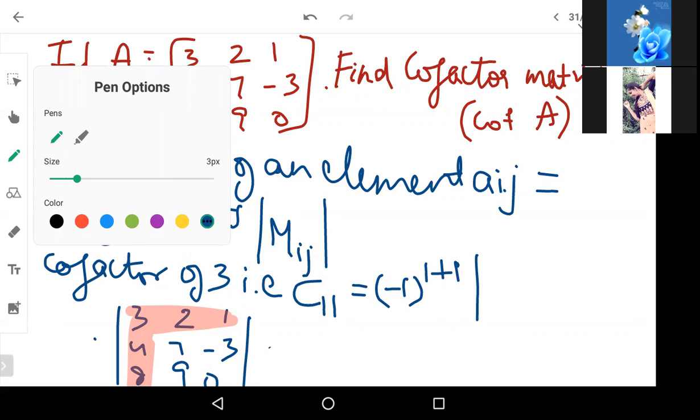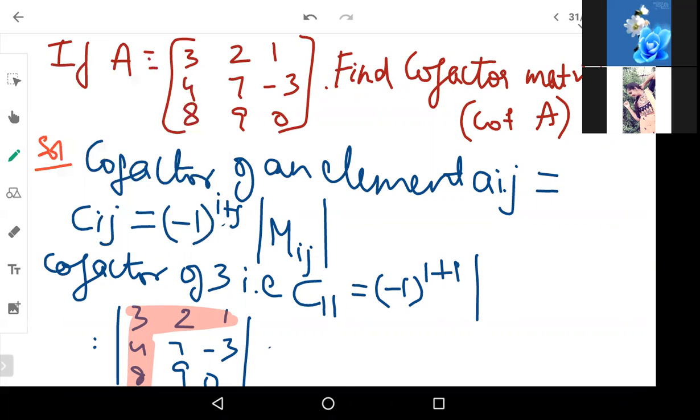What is the minor of 3? 7 -3, 9 and 0. Understood how to apply the formula? We have already learned how to find the minor. Keeping that knowledge, we just have to multiply it with -1 to the power row plus column number. Now solve this.